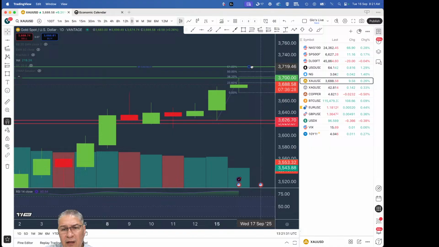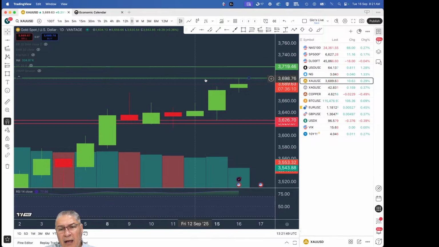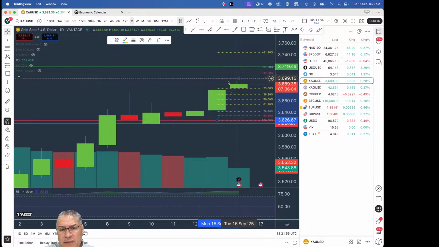Now, almost 3,720. If you don't want to use that swing high as your level of resistance, you can use a bit higher, the 38.20%, in this case. It's up to you, but I'm going to use that. And then for support, let's just use our retracement tools.